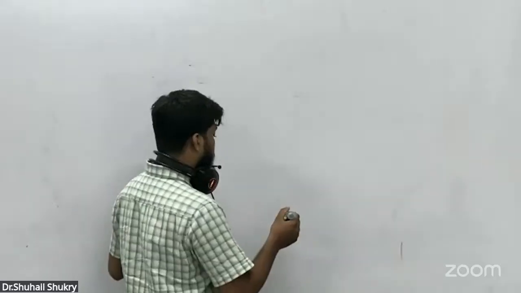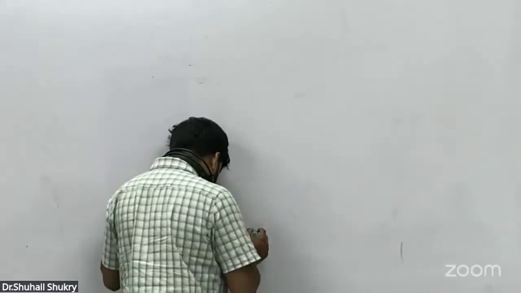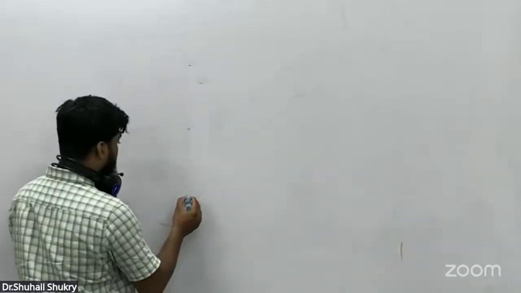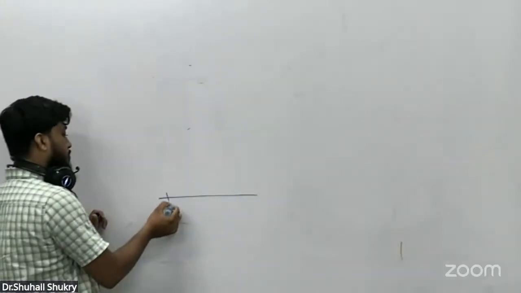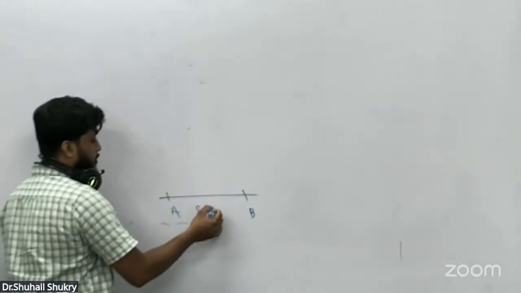So AB should be equal to 8.5 centimeter here. All right. So we'll put AB 8.5 here.